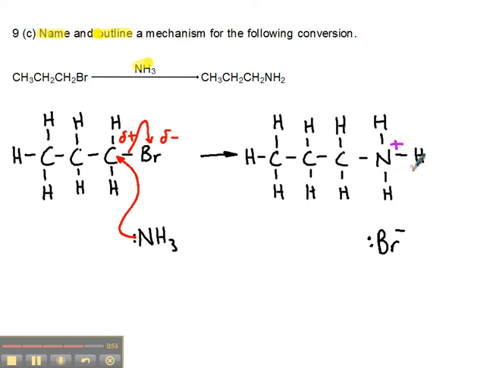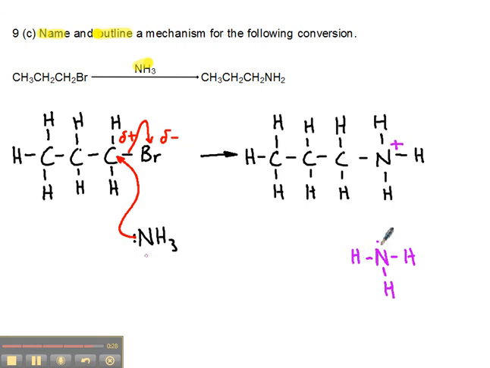Now, in general, in this nucleophilic substitution reaction, ammonia is considered to be in excess. I've already mentioned to you that anything with a lone pair of electrons can be considered to be a base. I'm just going to remove that bromide from there for the time being. Therefore, we know that ammonia has a lone pair of electrons and it should be in excess.